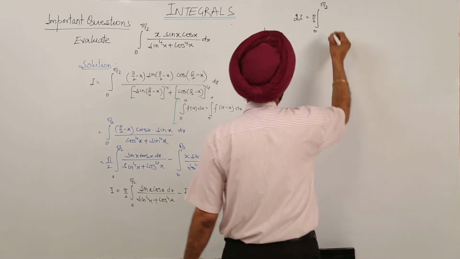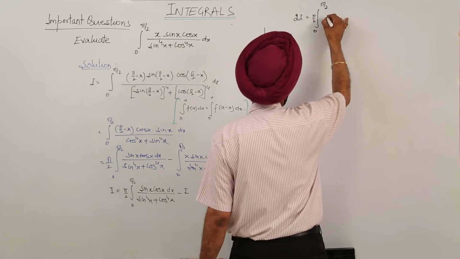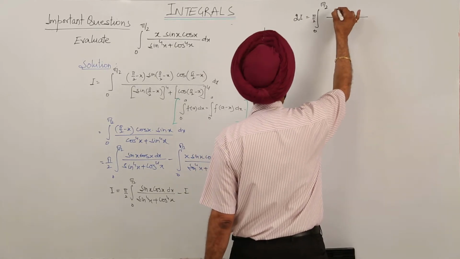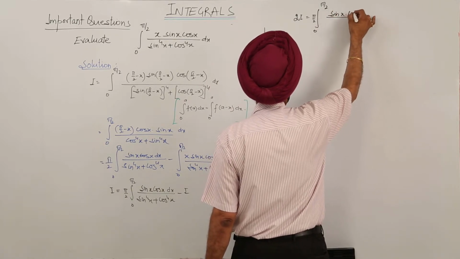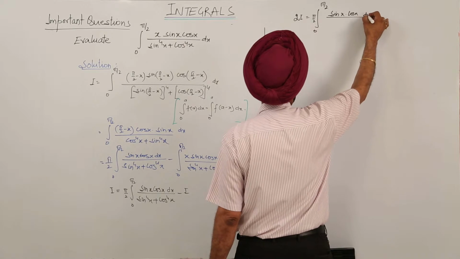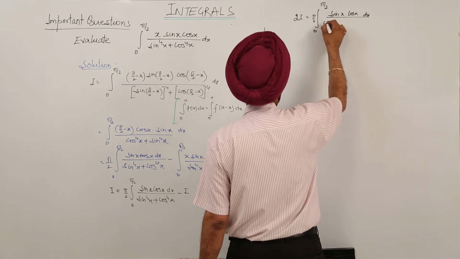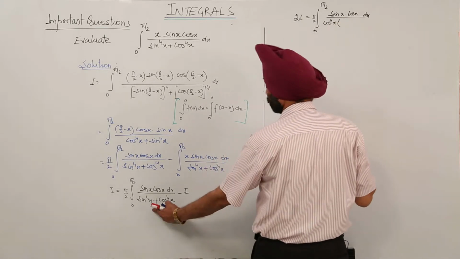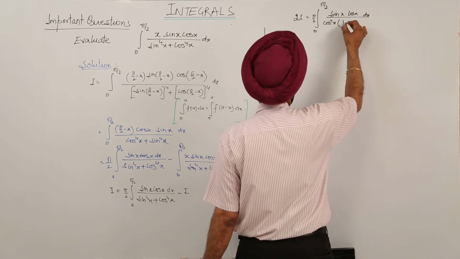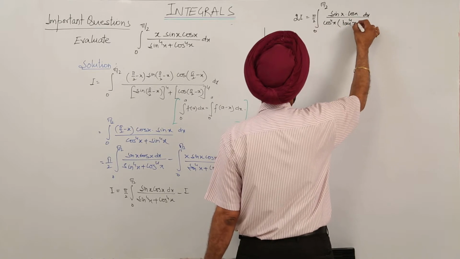Now to this part, you can write it sin x cos x dx upon cos 4x taken common, and we are left with tan 4x plus 1.